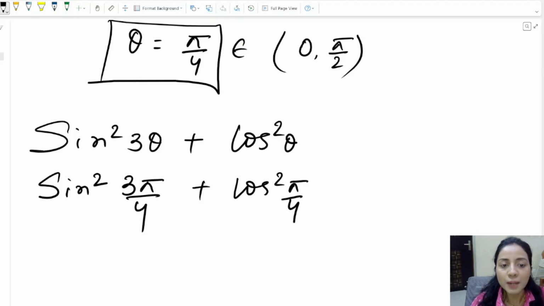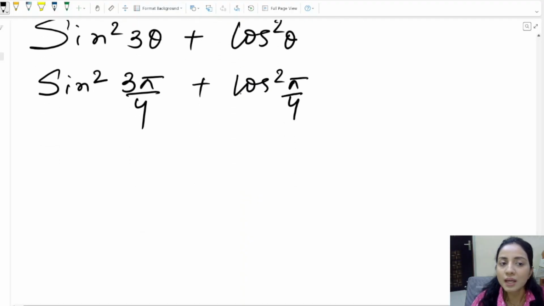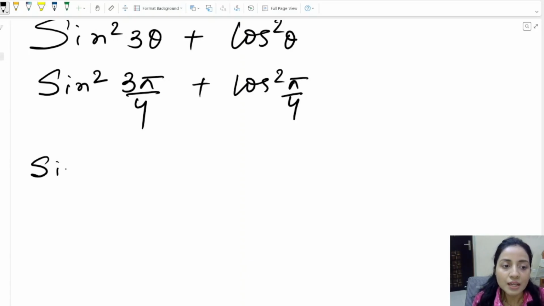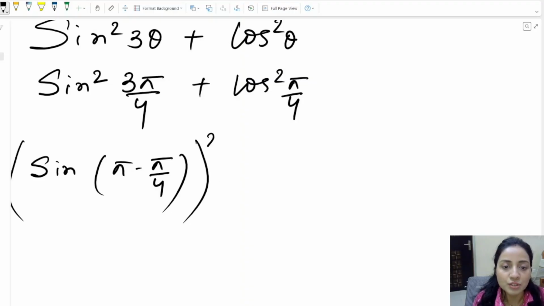As we know, 3 pi by 4 can be written as pi minus pi by 4. In allied angles, you must have learned how to find the value of sine 3 pi by 4. So we can write it as sine of (pi minus pi by 4), and the square is there, so we will square this, plus cos square pi by 4.